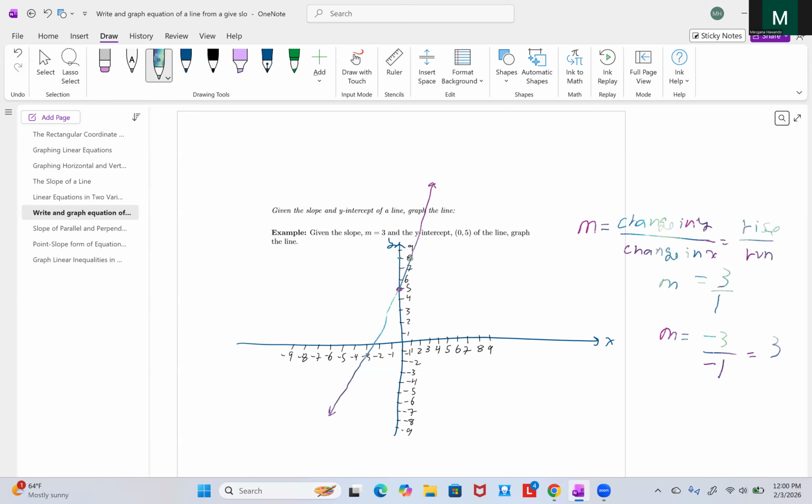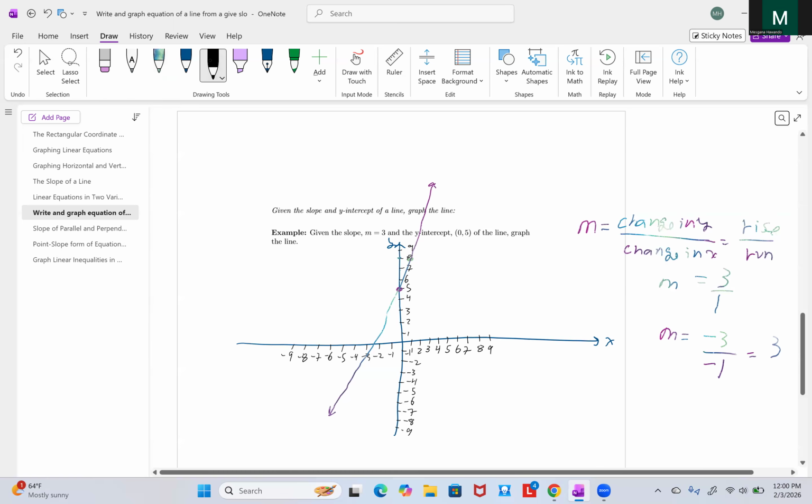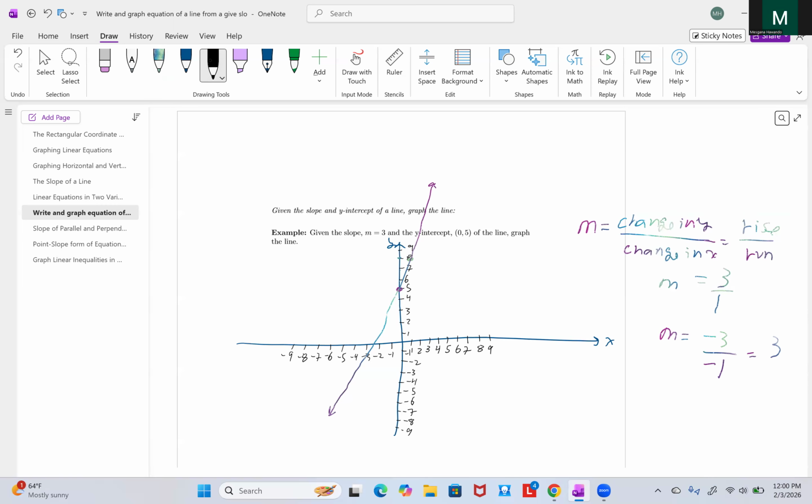From the y-intercept (0, 5), we could have gone down 3 units to represent minus 3: 1, 2, 3, and we would stop at 2. And then the run part is also negative, so from that point (0, 2), we go to the left by 1 unit to represent negative 1. That point would have been here.